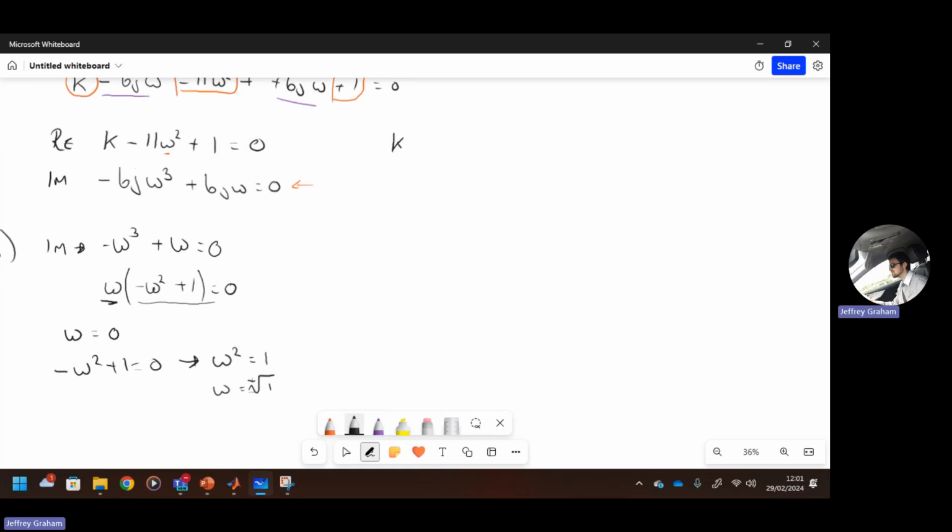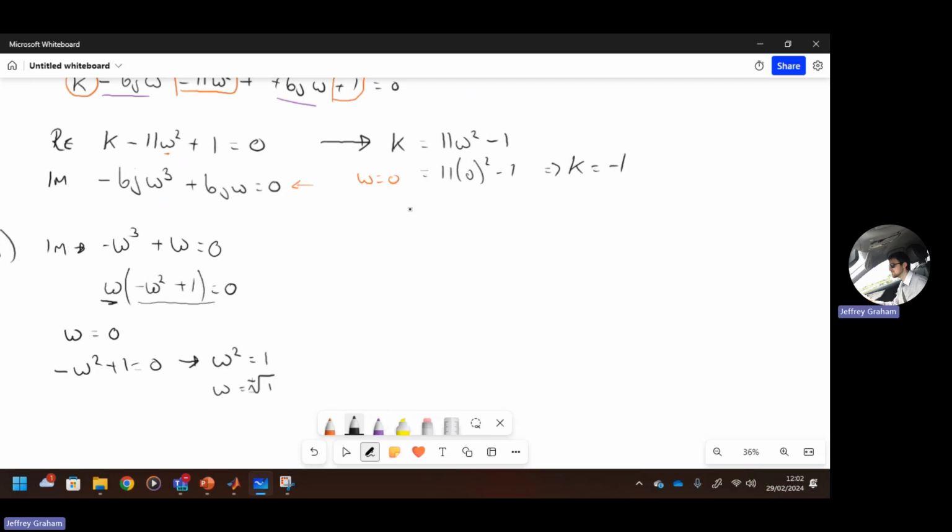Right, so K, this is rearranging this. K is 11 down to frequency squared. Take away 1, all on the other side. Inserting the 0 first. I'm going to get the k value to be -1.